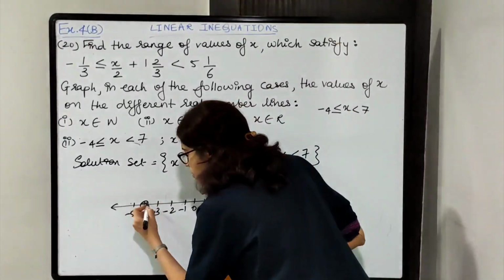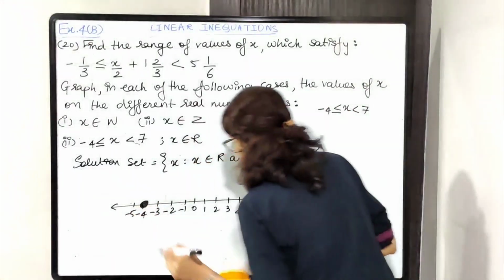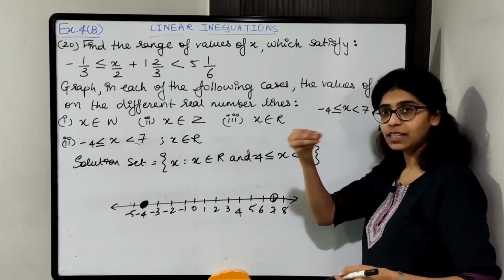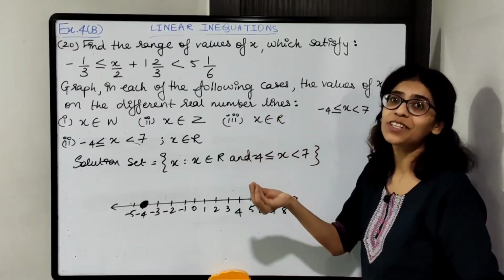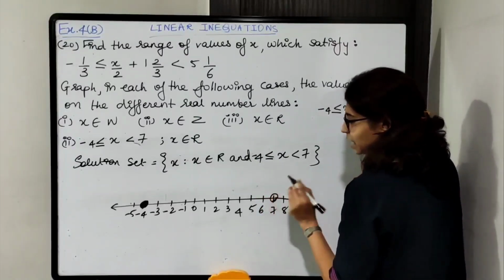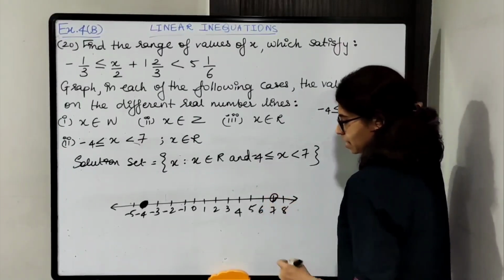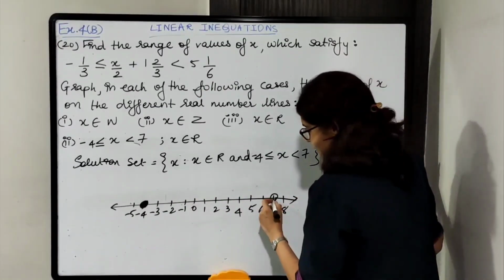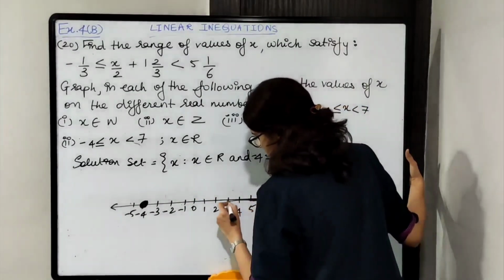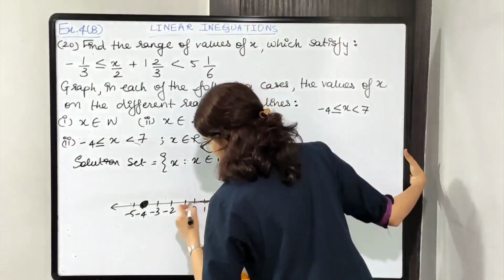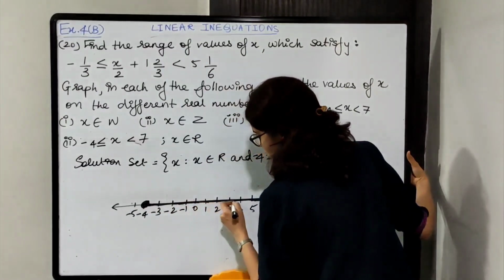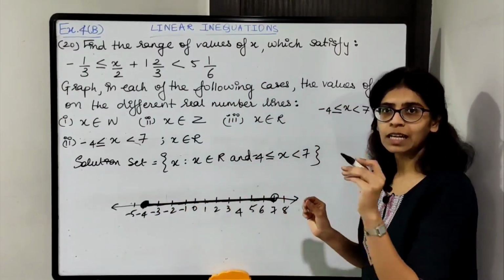So fill the circle. What about 7? It will be less than 7. It can be 6.9999, but not 7. So we'll keep this circle as it is, unfilled. In between, any value is possible. It is the set of real numbers. So with the help of pencil and scale, darken the line. Okay, make the whole line thick.